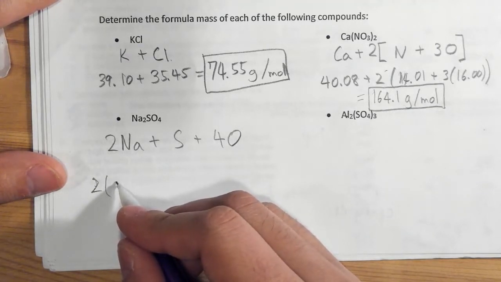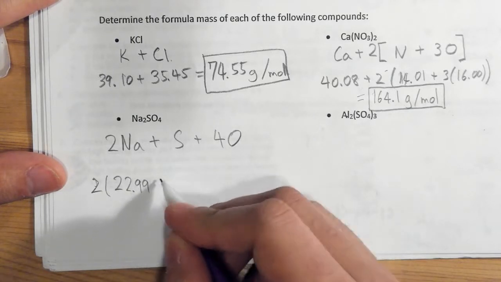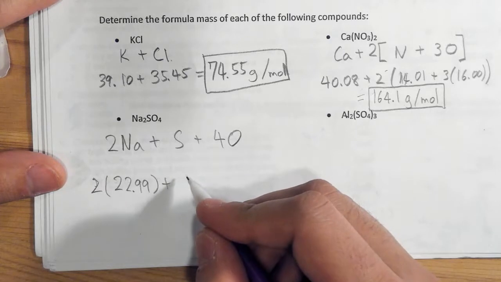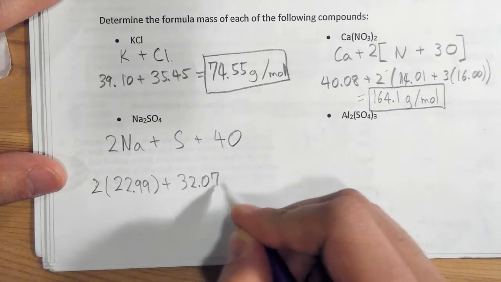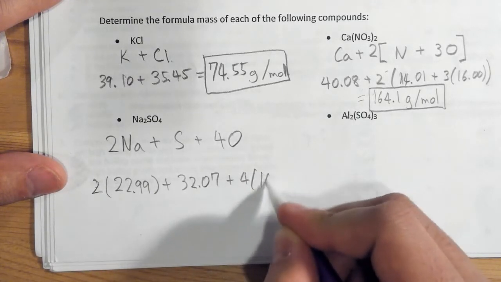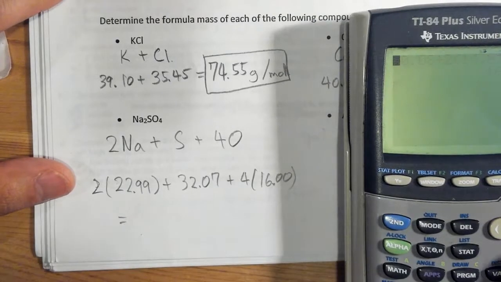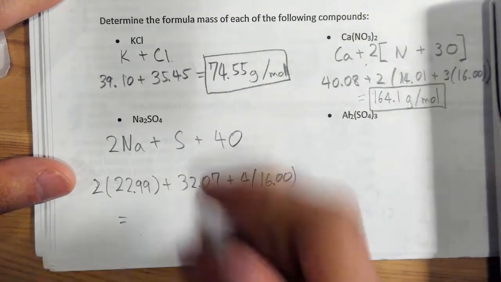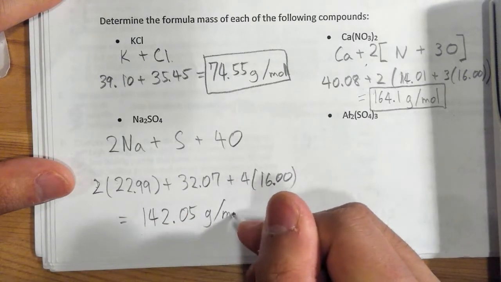That's 22.99, okay, 22.99, plus sulfur has 32.07 plus 4 times 16.00. Alright, that would give you 142.05 grams per mole. Alright?